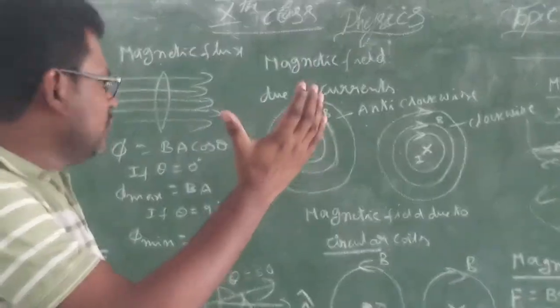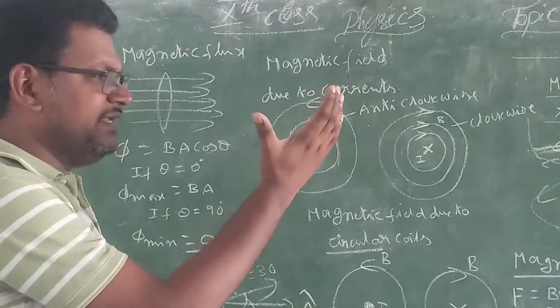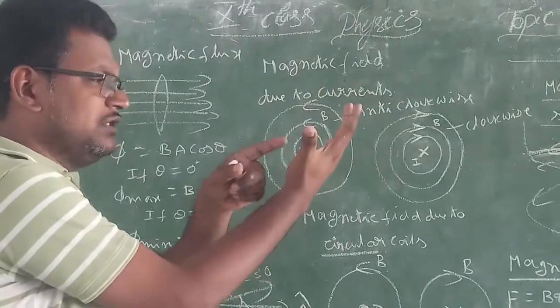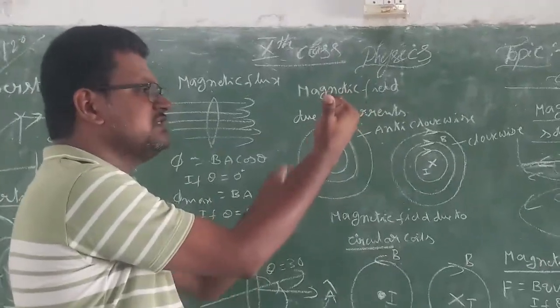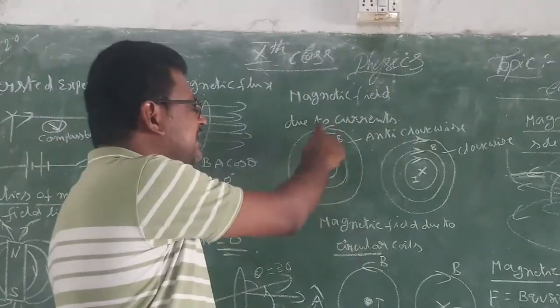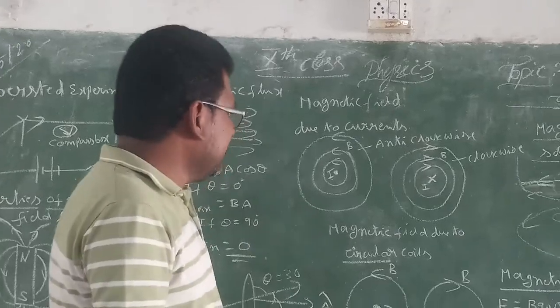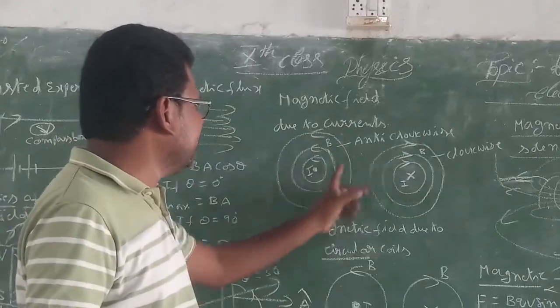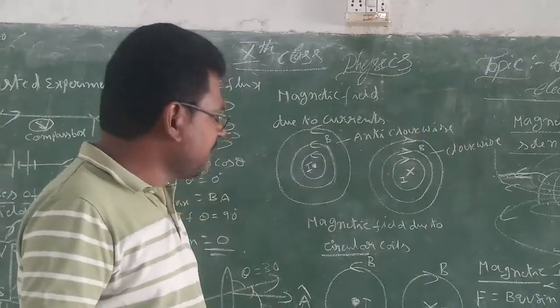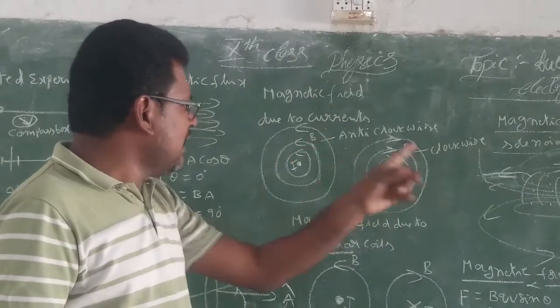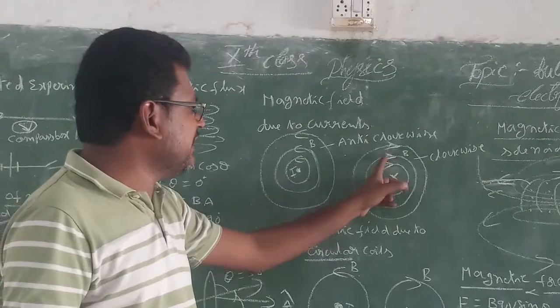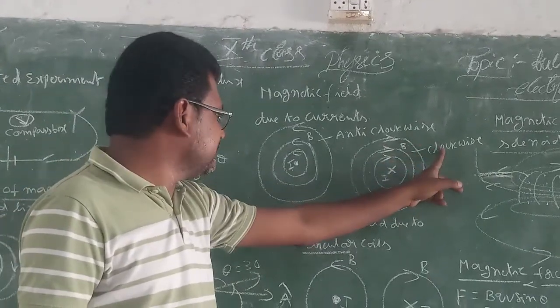To know the direction of the magnetic field lines, take the thumb of your right hand in the direction of the current and curl the fingers. The curled fingers represent the direction of the magnetic field lines, and here the direction is anti-clockwise. Suppose the current is flowing perpendicular to the plane and into the plane, the direction of the magnetic field lines is clockwise.